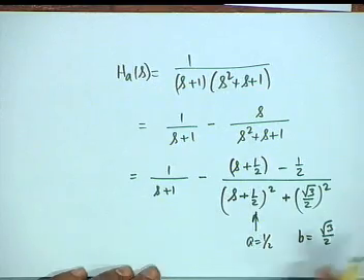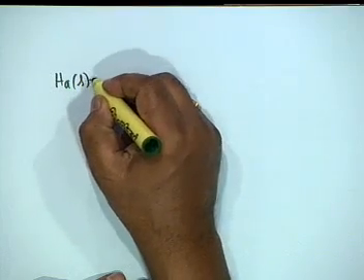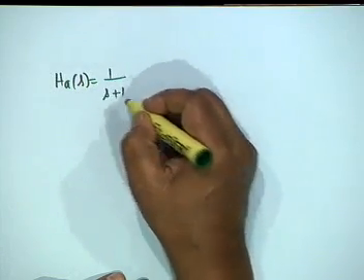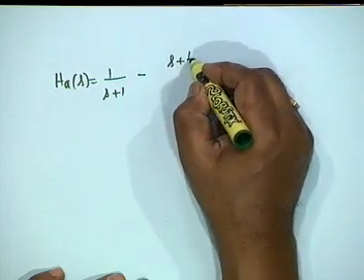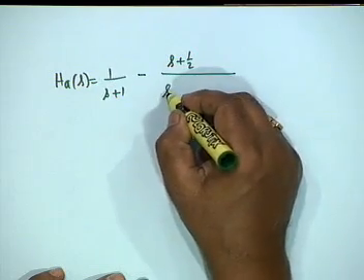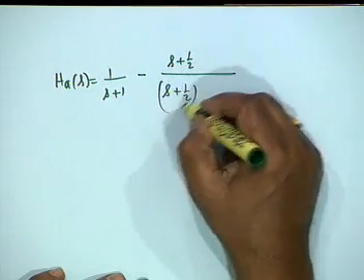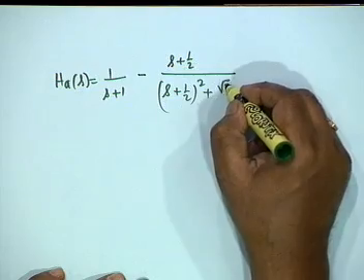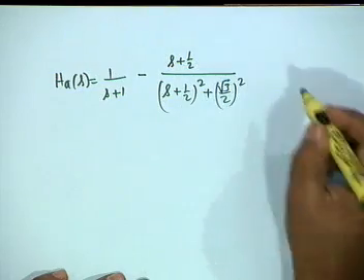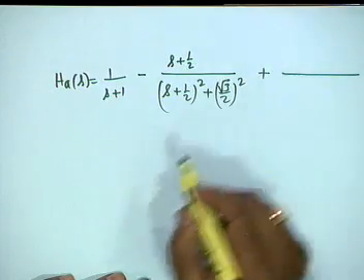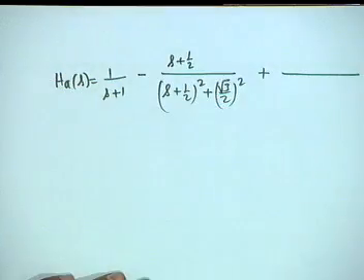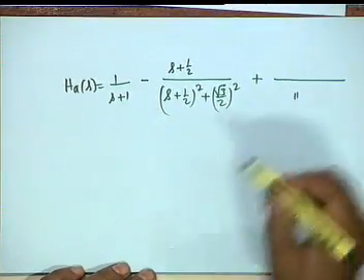Okay. So, I can write h a of s as equal to 1 over s plus 1 minus s plus half divided by s plus half whole squared plus root 3 by 2 whole squared plus, not minus, minus and minus makes it plus, the same denominator.